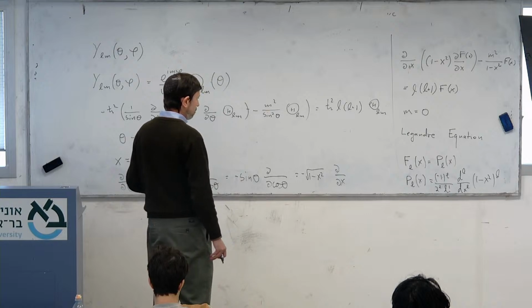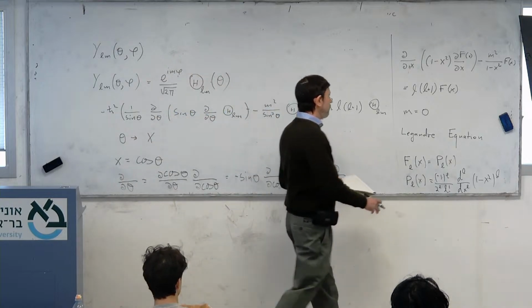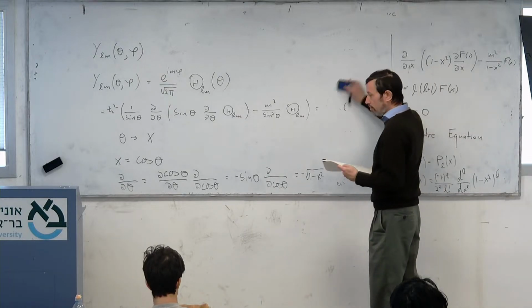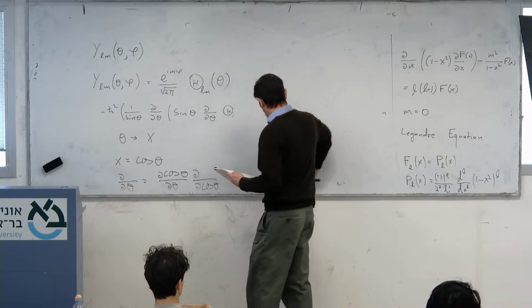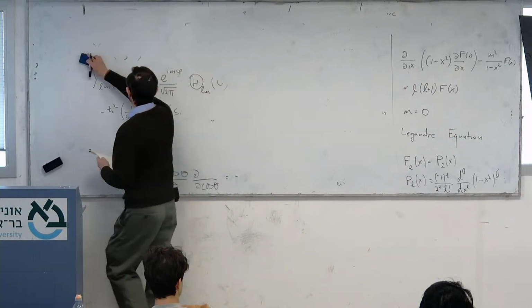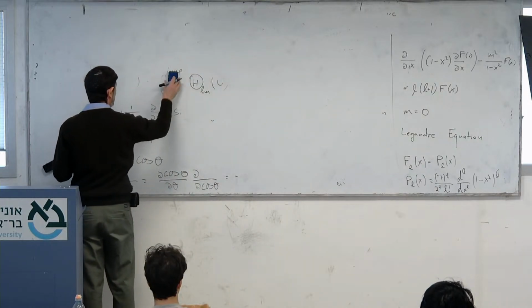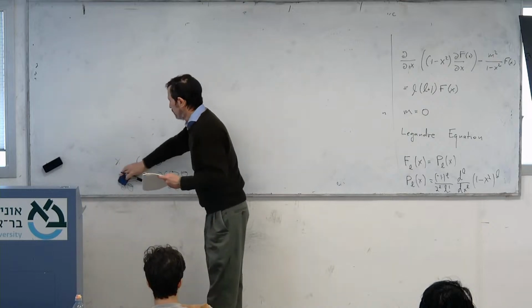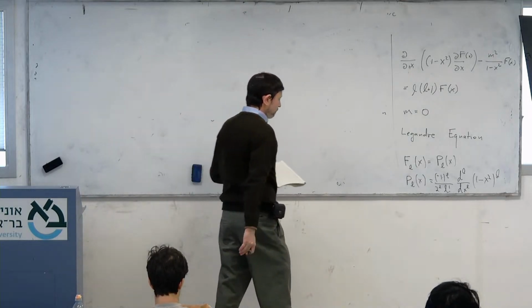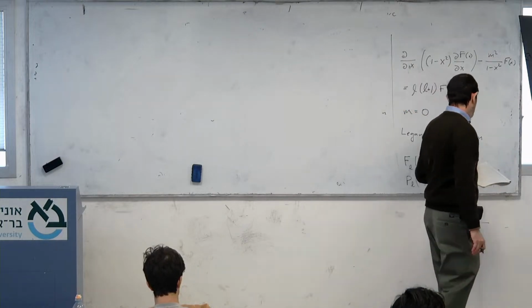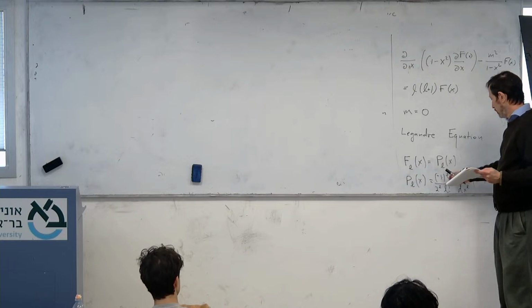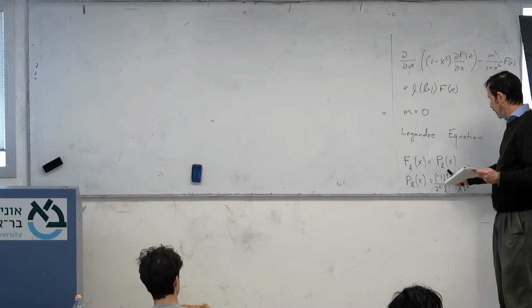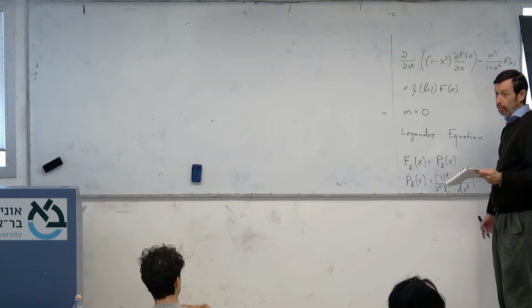So, someone can tell me what is the value of it when L equals 0? One. Correct. No derivative. Minus 1 to the power of 0 is 1. 2 to the power of 0 is 1.